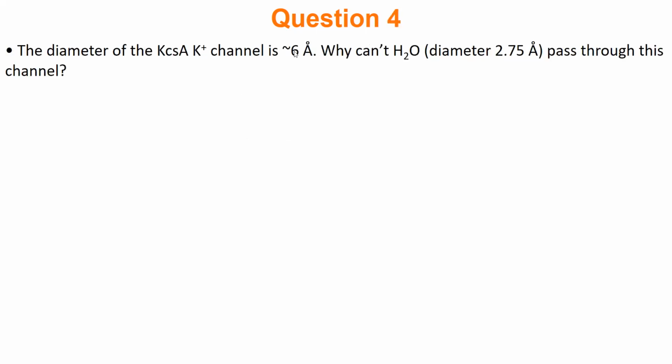And 4, and I kind of answered this when I was going over the channel, so let's see if you're listening. So the potassium channel we were talking about, the opening is about 6 angstroms. Water is 2.75 angstroms. Why can't water go through this channel? It can fit.